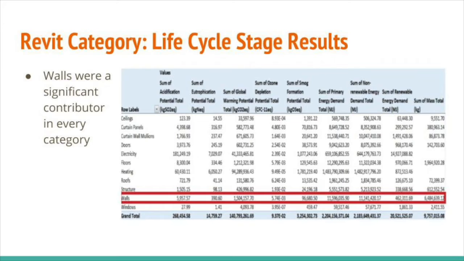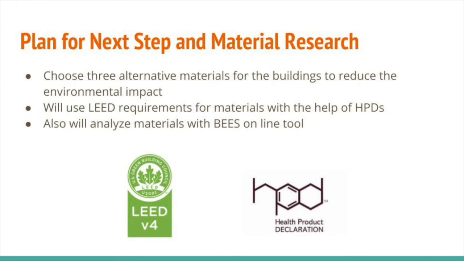Based on these results, our plan for the next phase of this project is to choose 3 alternative materials for the building so as to reduce the environmental impact that we've shown through these results.